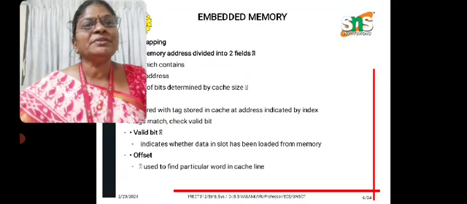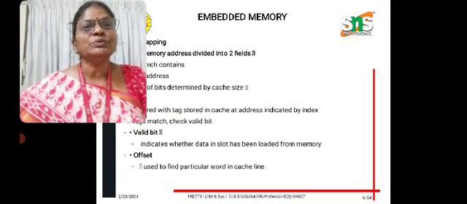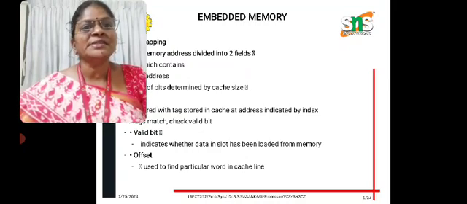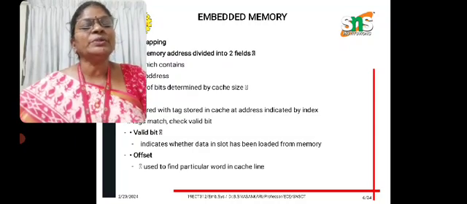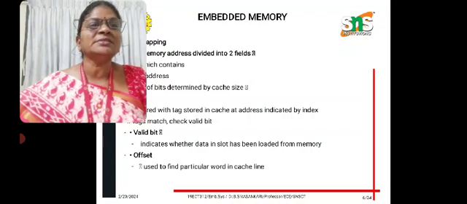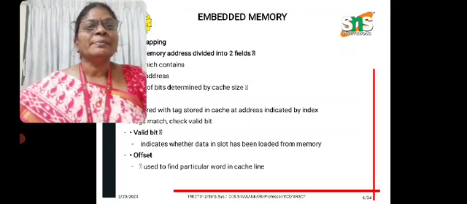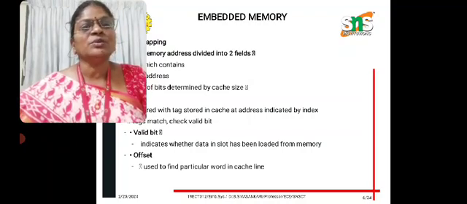In direct mapping, the memory address is divided into two fields whose bits are determined by cache size. The tag stored in cache at the address indicated by the index must match, and we also check the valid bit.